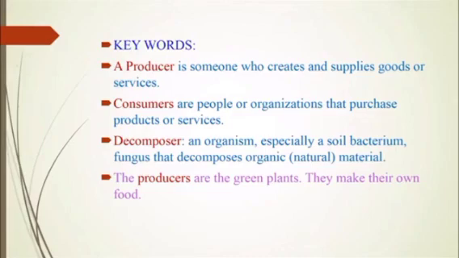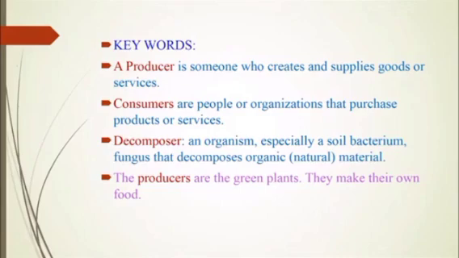A producer is someone who creates and supplies goods or services. Consumers are people or organizations that purchase products or services. Decomposer means an organism, especially a soil bacterium, fungus, that decomposes organic material. Organic means natural material.